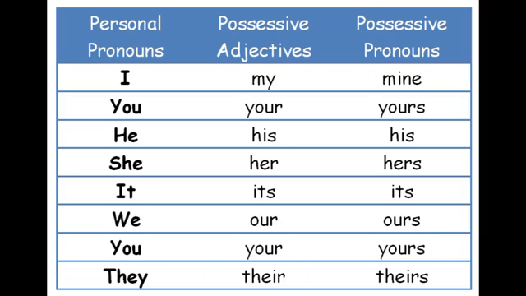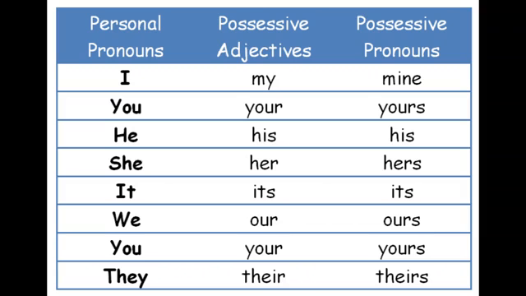We can see here also the list of personal pronoun, possessive adjective and possessive pronoun. You can see this list. I comes under personal pronoun, whereas my is possessive adjective and mine is possessive pronoun. You is personal pronoun, your is possessive adjective and yours is possessive pronoun.